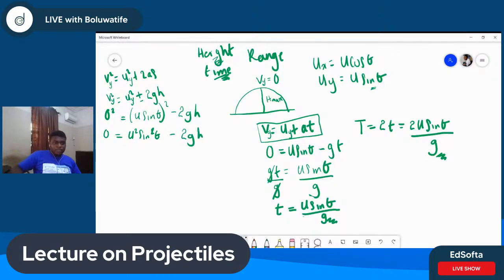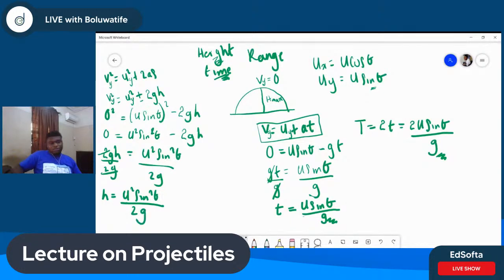I take minus 2gh to the other side. I have 2gh equals u squared sine squared theta. I divide both sides by 2g, and I'm left with h, which is my maximum height, equals u squared sine squared theta over 2g, and that is how they derive that.